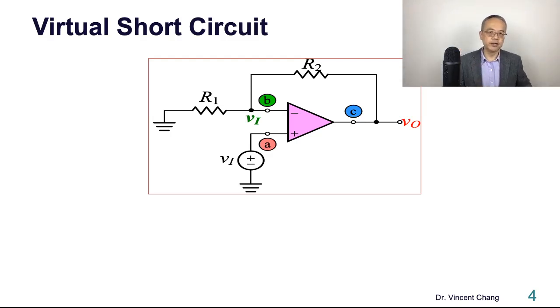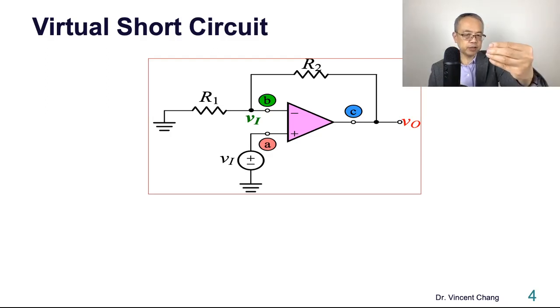And number two, the open loop gain A of the op-amp is infinite. In these two conditions, the virtual short circuit is true. The voltages of the two input terminals of the op-amp should be the same.